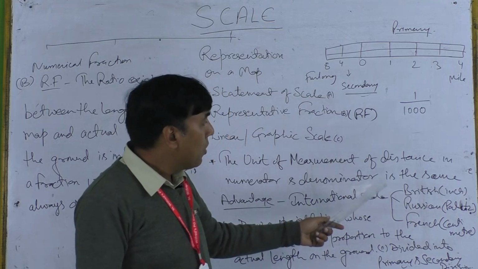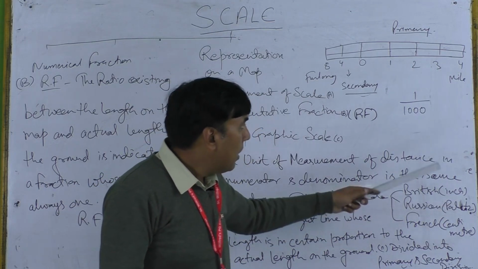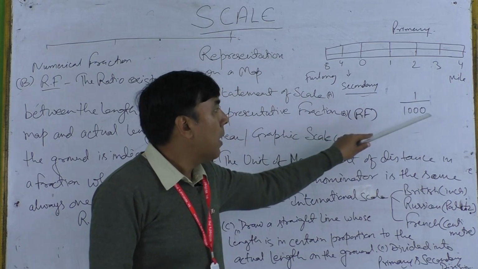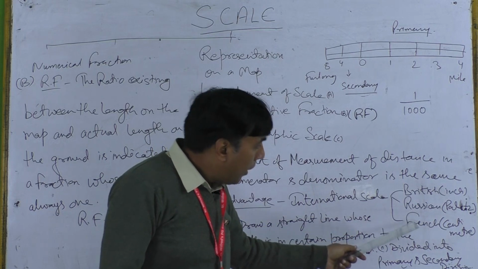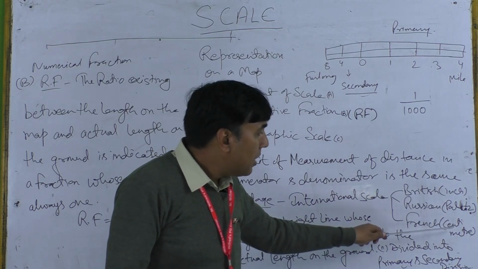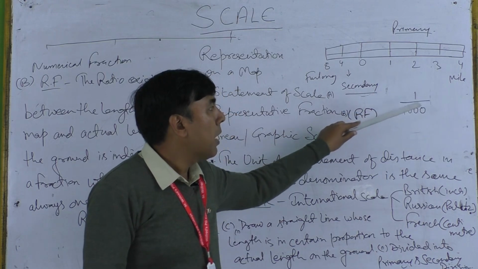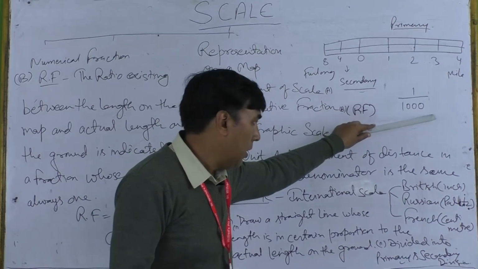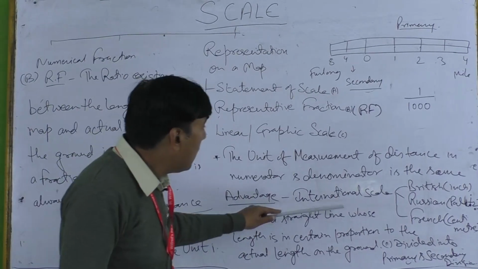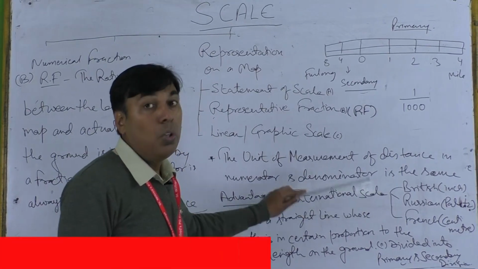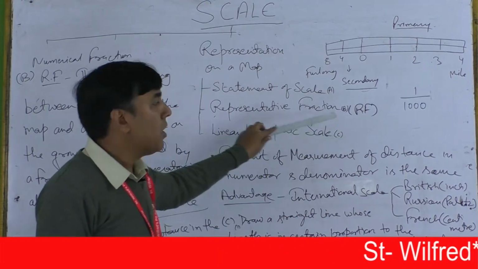Or if we use the Russian measurement unit versts, it means 1 verst divided by 1000 versts. And if we use the French measurement unit centimeter, it means 1 centimeter divided by 1000 centimeter. So we can say that it's the international scale. All over the world we use only RF, representative fraction.